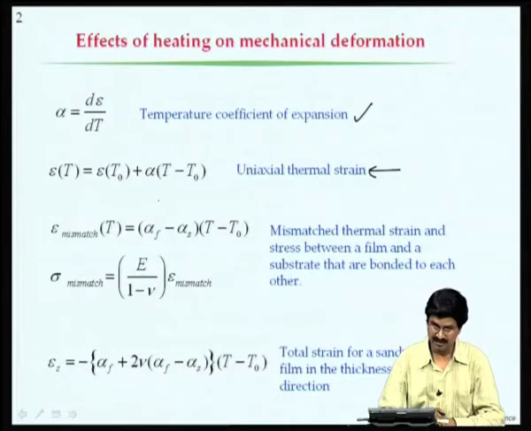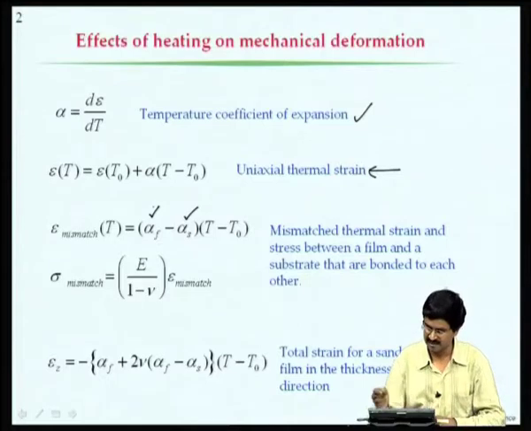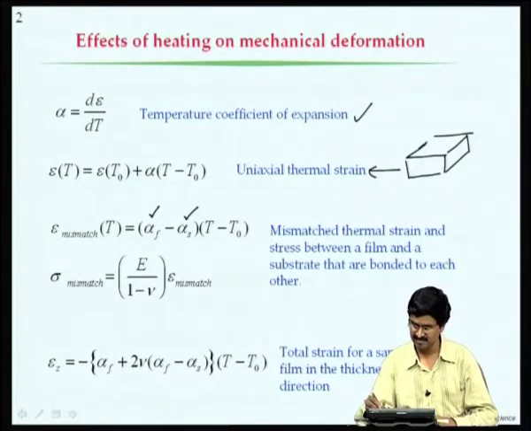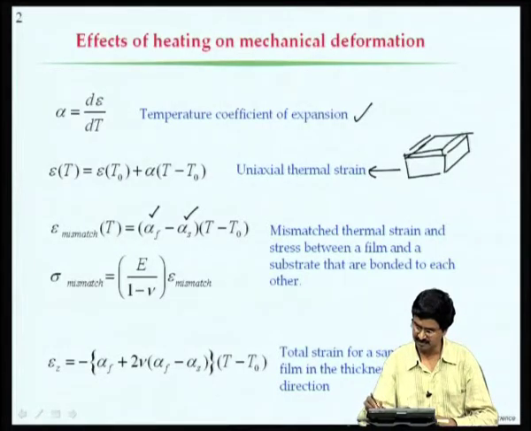If that happens in the material, let us say because of a substrate, alpha S, and alpha F, which is a film, that means that we take a substrate. All this we had discussed earlier, we are just recapitulating it. If I have a substrate, over that I put a thin film of some other material.